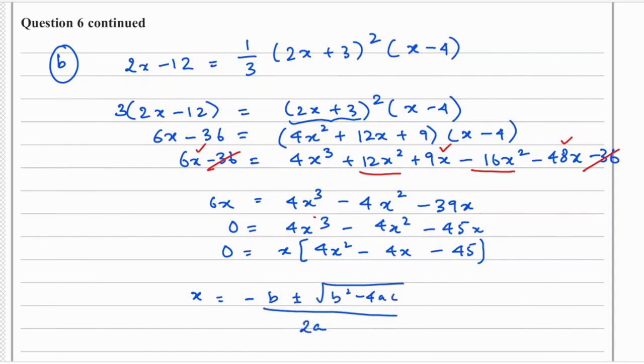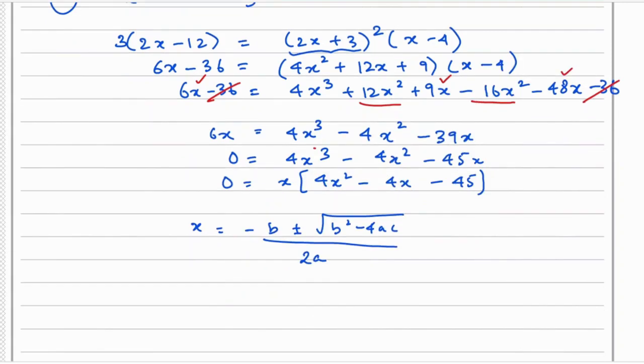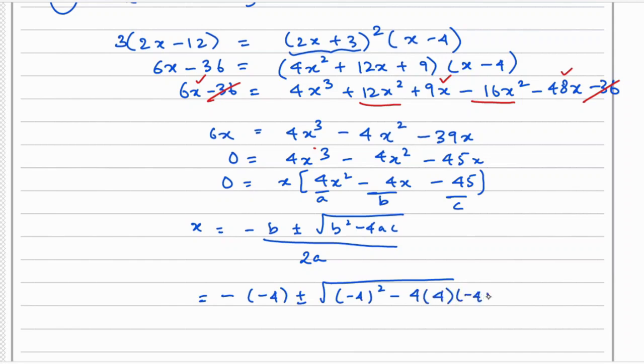So you can just leave it after simplifying there. When you do it, this is your b term, this is your a term, and this is your c term. So you will be having minus of minus 4 plus or minus root of minus 4 the whole square minus 4 times a times negative 45 divided by 2 times 4.